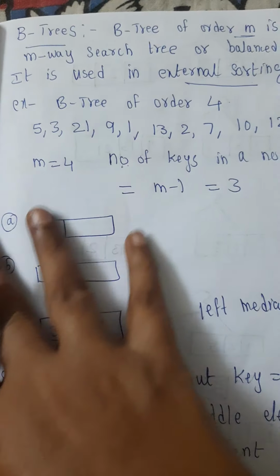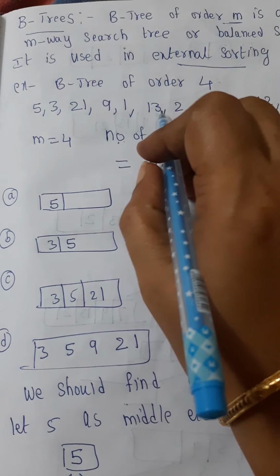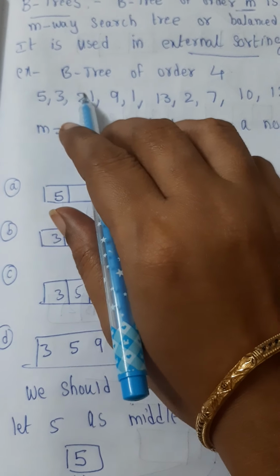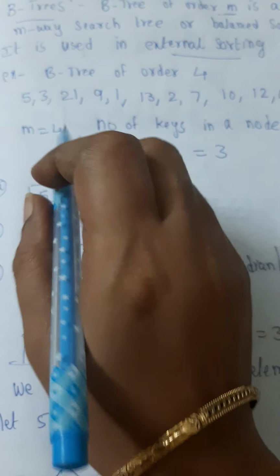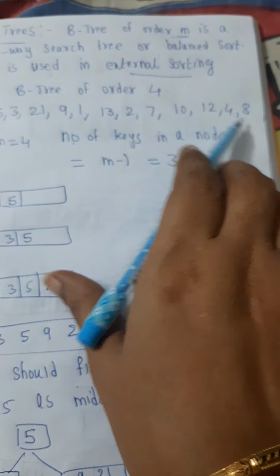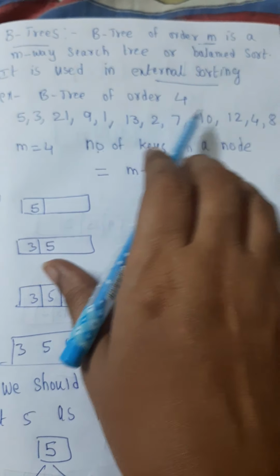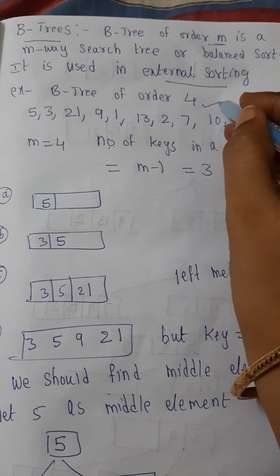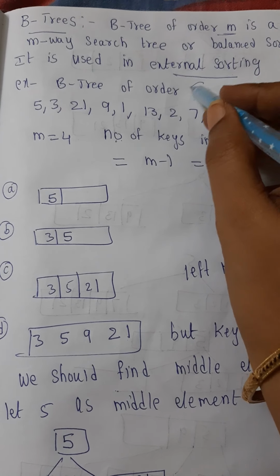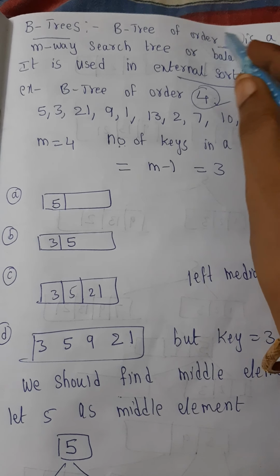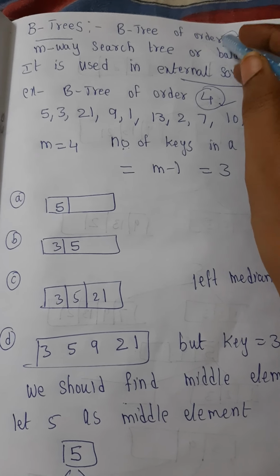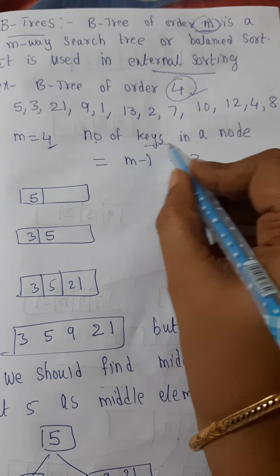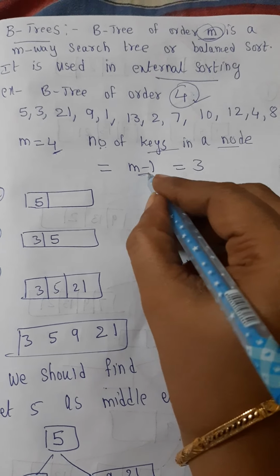Before going to the properties, we will see how the elements can be inserted in the B tree. Here these are the values, or keys, given, and we have to construct a B tree of order 4, so that is order M. If it is of order 4, M equals 4, then the number of keys in a node can be M minus 1.